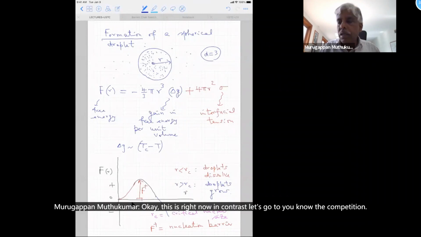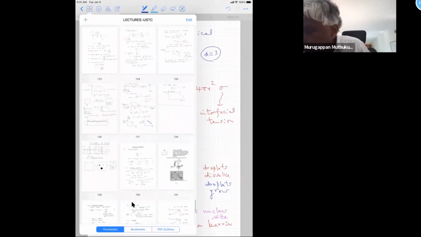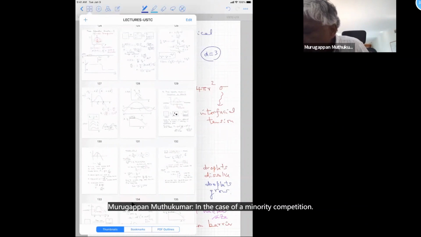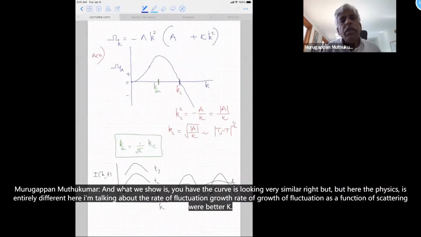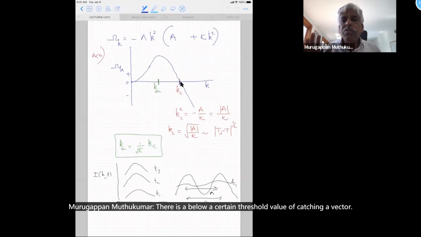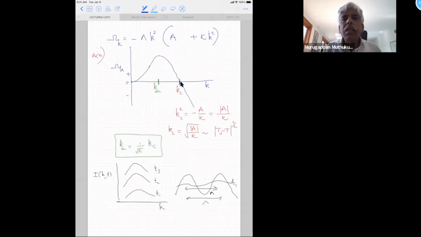Okay, this is right. Now in contrast, let's go to spinodal decomposition. In the case of spinodal decomposition, the curve looks very similar, but here the physics is entirely different. Here I'm talking about the rate of growth of fluctuation as a function of scattering wave vector k. Below some threshold value of scattering wave vector, all fluctuations will grow.